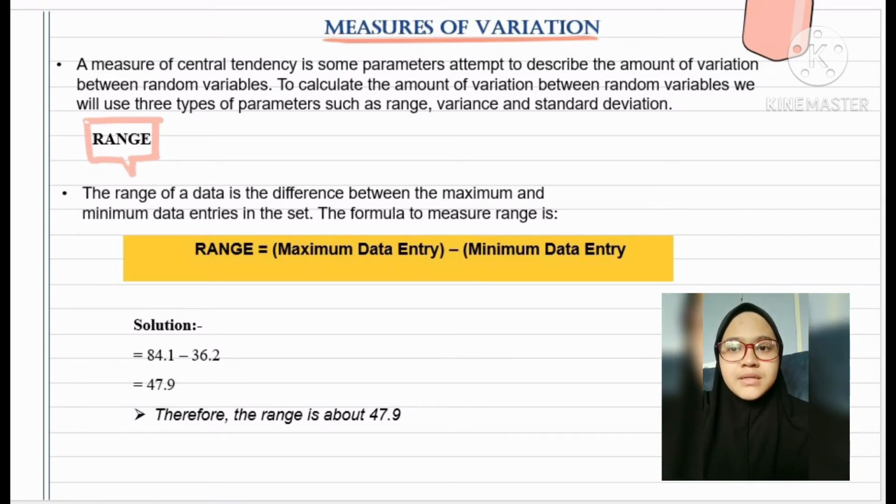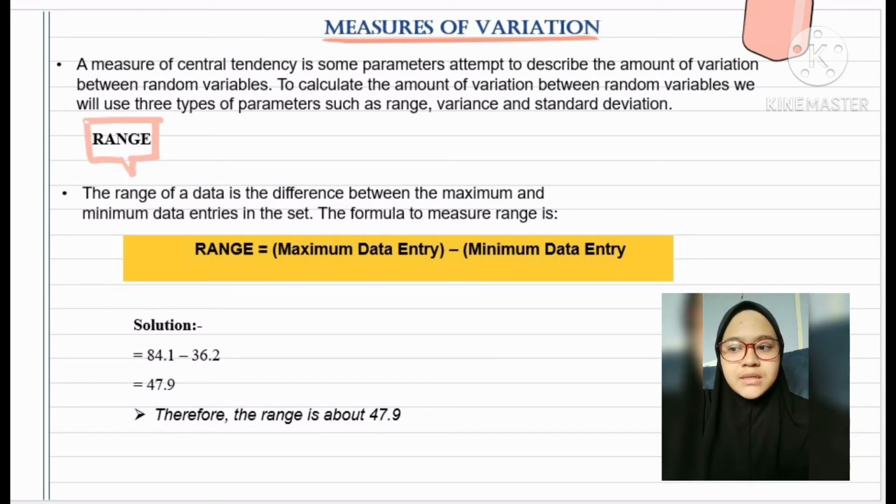For range, the range of data is the difference between the maximum and minimum data entry in the set. The formula to measure range is maximum data entry minus minimum data entry.